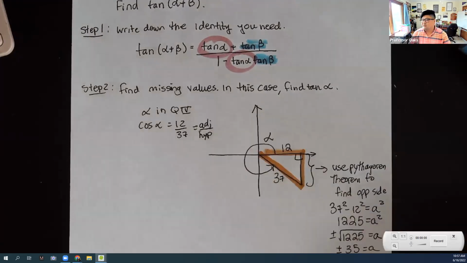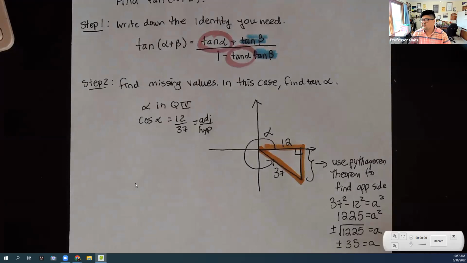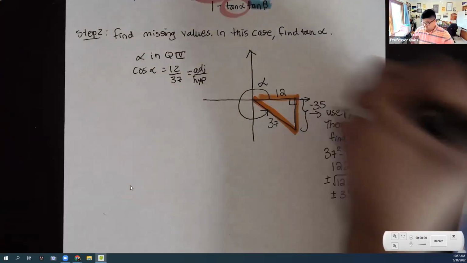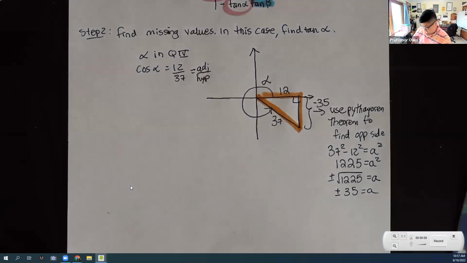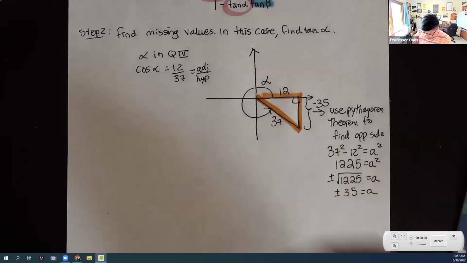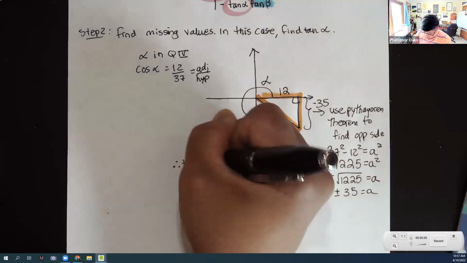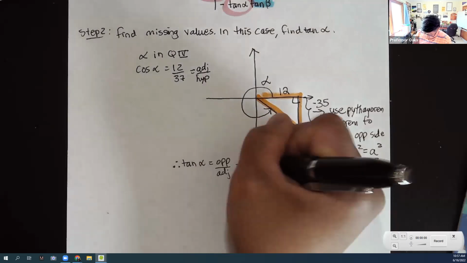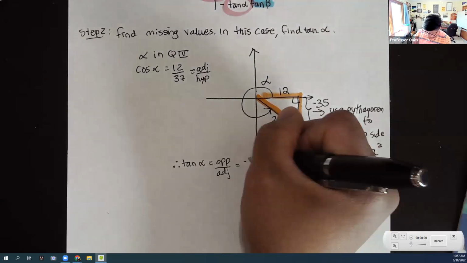But because it's in quadrant 4, this is actually negative, so negative 35. Again, all you needed to find was tangent of alpha. Therefore, tangent of alpha, that's opposite over adjacent, so negative 35 over 12.